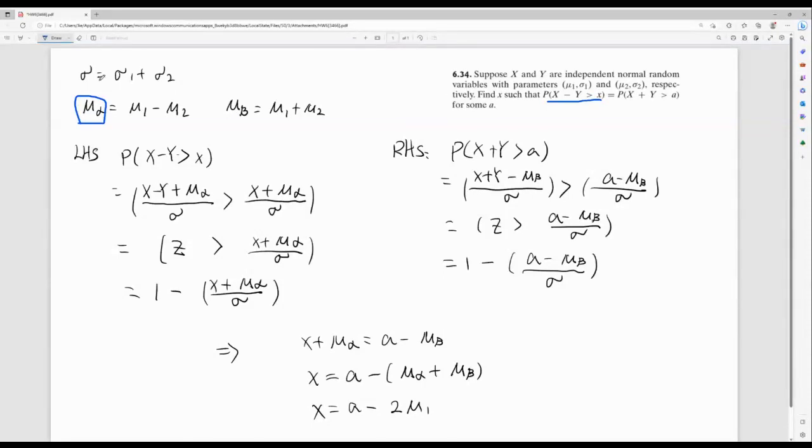And for the sigma, we have sigma 1 plus sigma 2. And we plug in the formula for the left hand side. We have x minus y plus mu alpha over sigma is greater than x plus mu alpha over sigma. And as the end, we got this.